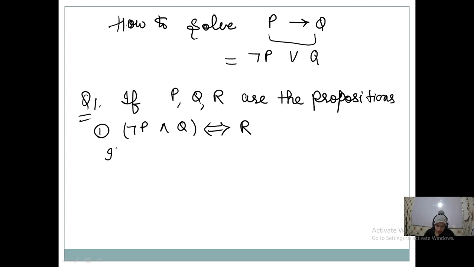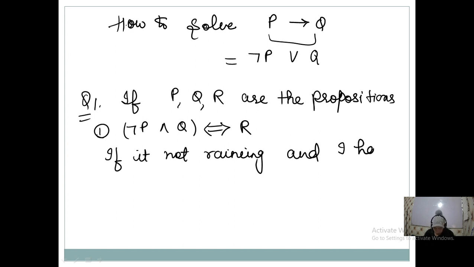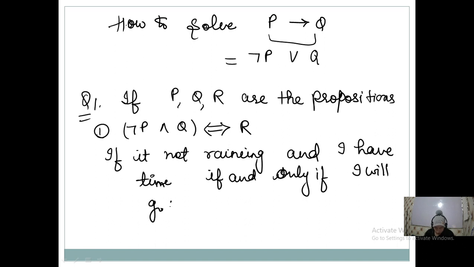Not P means if it is not raining, and I have time, if and only if I will go to market.